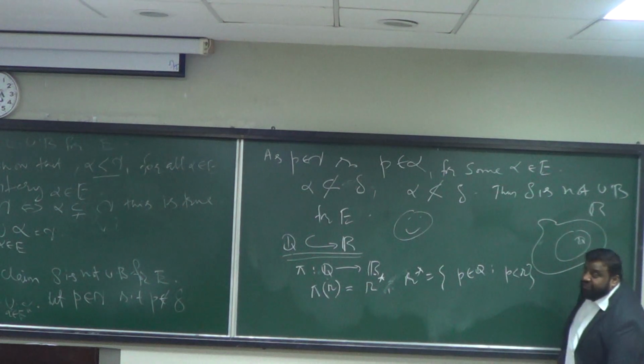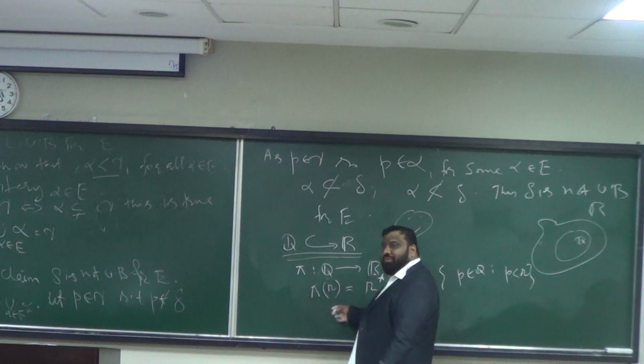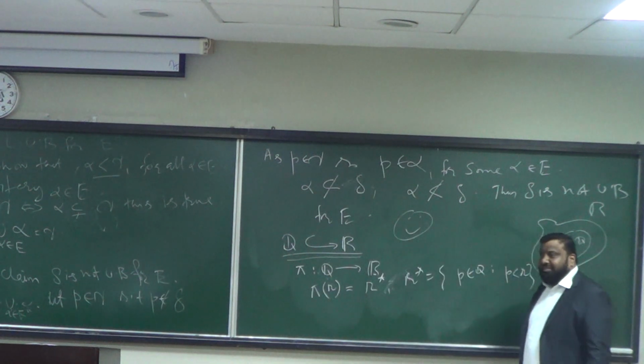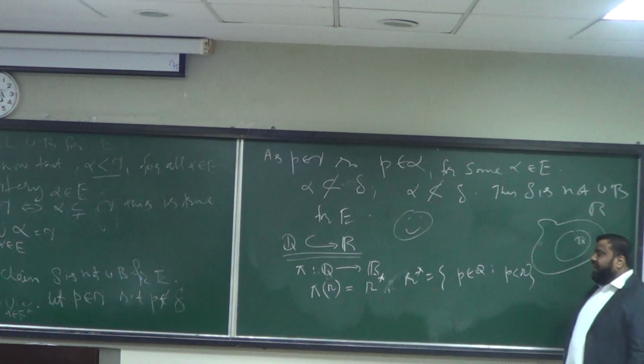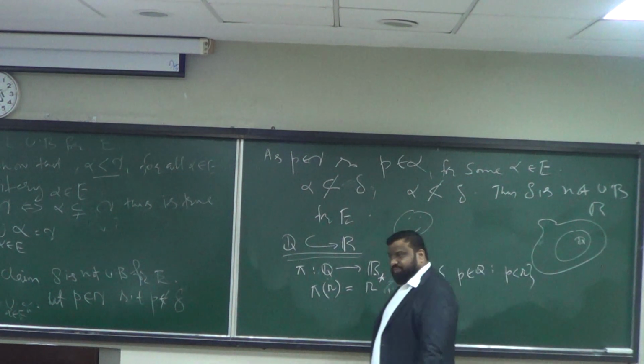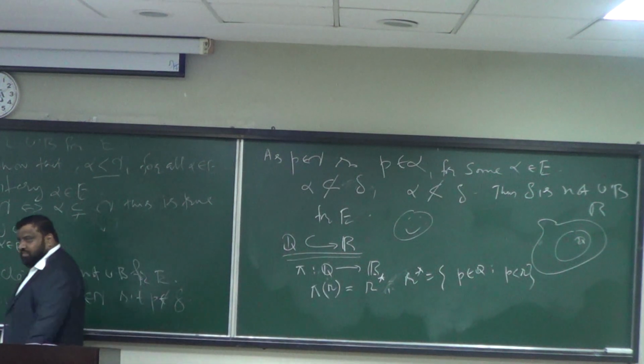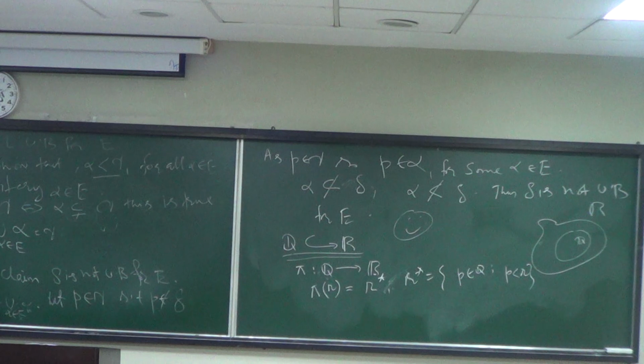So whenever we define a map, the first thing that we need to show is what? Well defined. Is it well defined? And in order to show that it's well defined, what should we think about? Existence and uniqueness.